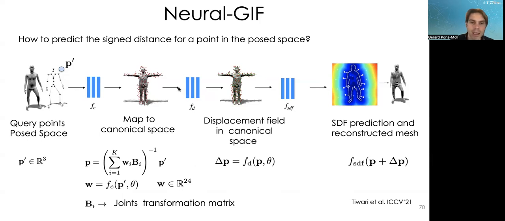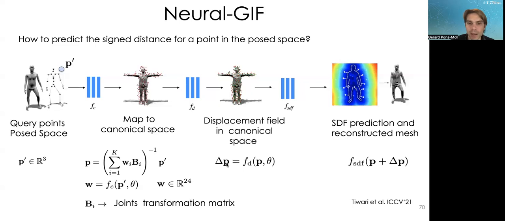And now this is one of the key tricks of this paper. We want to model these fine-grained details, for example wrinkle deformations or muscle bulging that happen as I articulate the body, which are non-rigid. And instead of having a network that predicts directly the different canonical spaces, which would be hard to learn, what we do is learn a displacement field in canonic space.